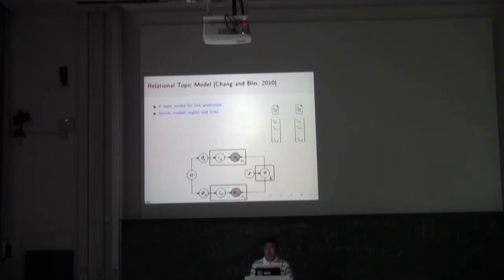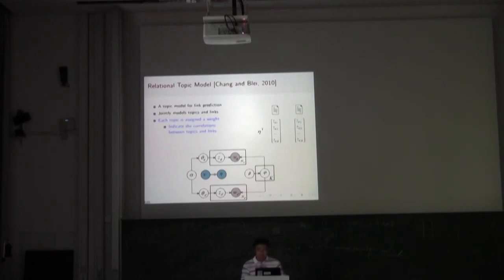The relational topic model is based on the latent Dirichlet allocation framework. And here we have a 2-document segment of latent Dirichlet allocation. It is able to infer these 2 documents' topic distributions. So based on this, the relational topic model assigns each topic a weight. The weight indicates the correlation between the links and the document similarity on this specific topic.